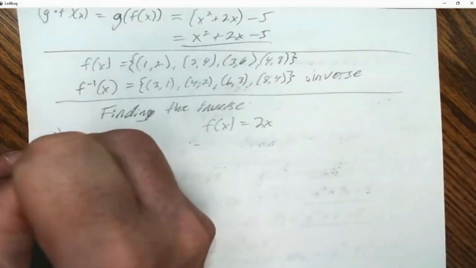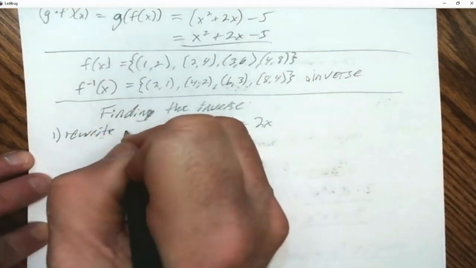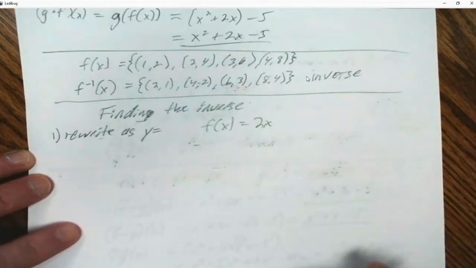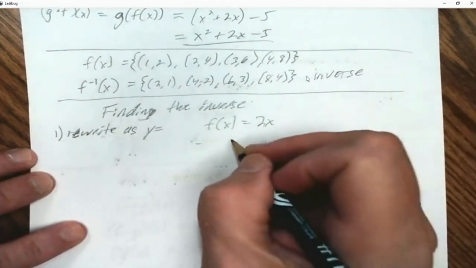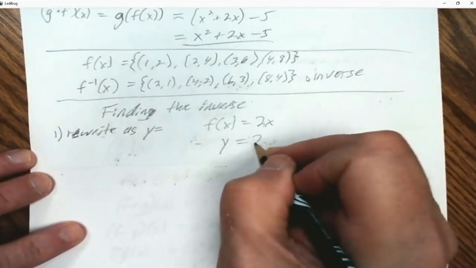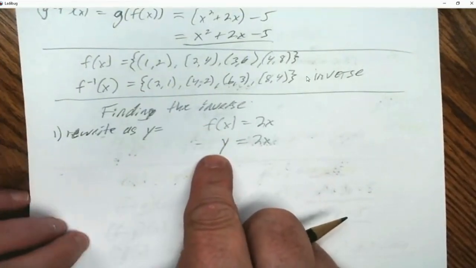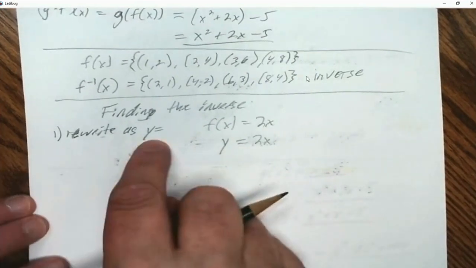So number 1, rewrite as y equals. We're going to make it y equals 2x because remember, f of x or y, same thing. So that's the first thing we do, is rewrite it.